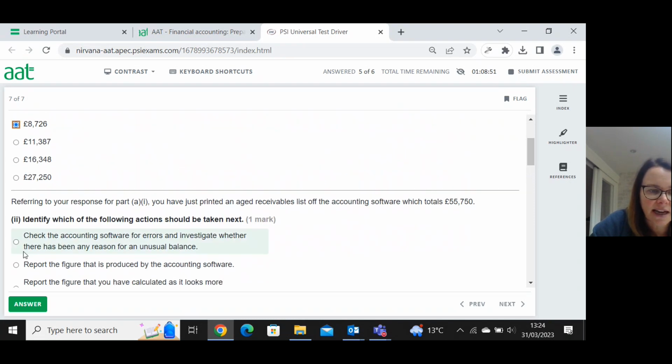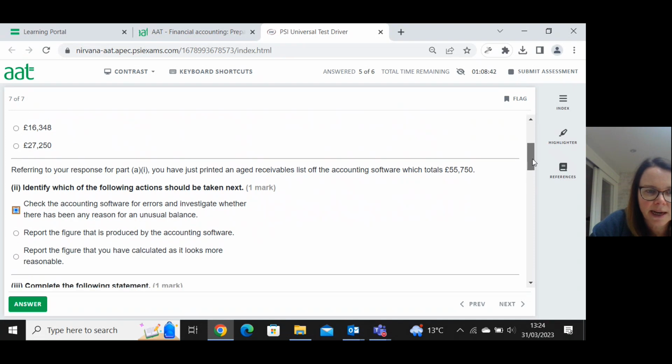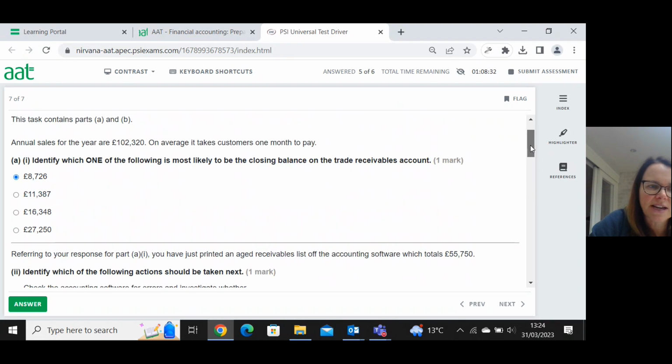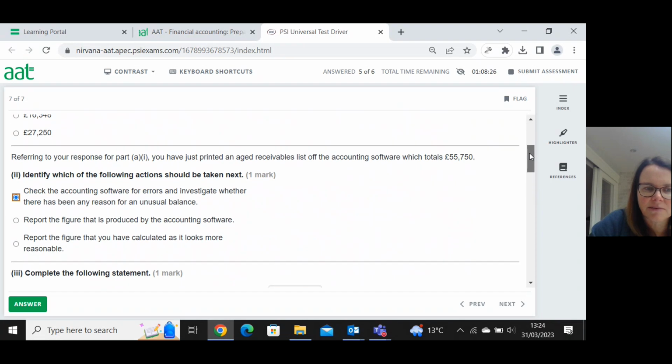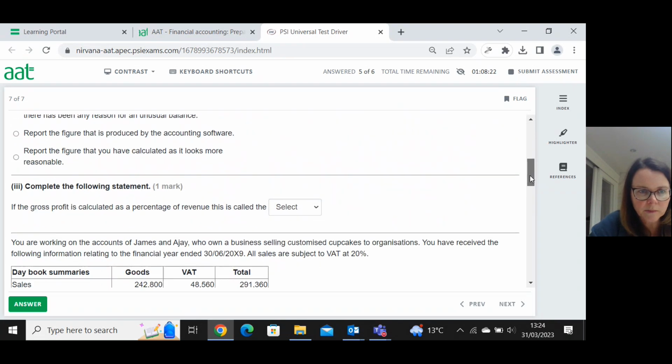Well, I would say that is quite a good idea because it's way higher than we were expecting. Let's just make sure we're happy. It's not the others. Report the figure that is produced by the software. Report the figure you have calculated as it looks more reasonable. We can't just report a reasonable figure. We need to investigate. So yeah, be happy with that answer.